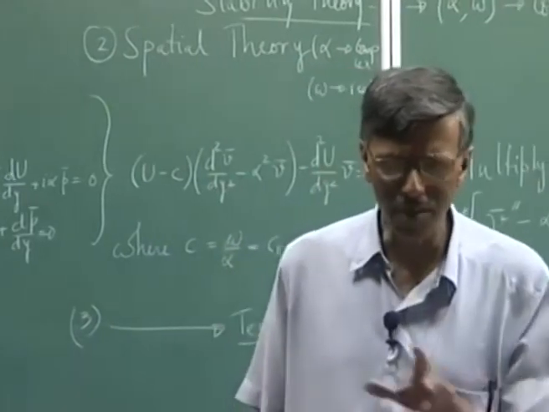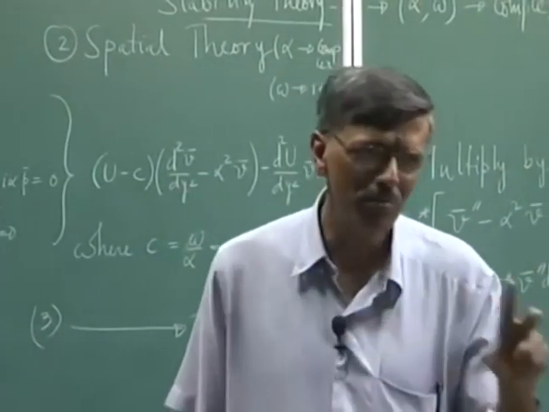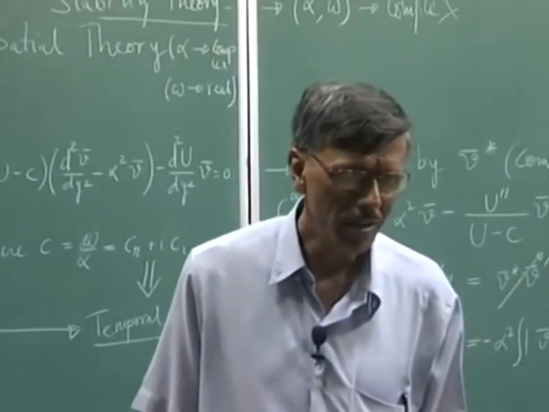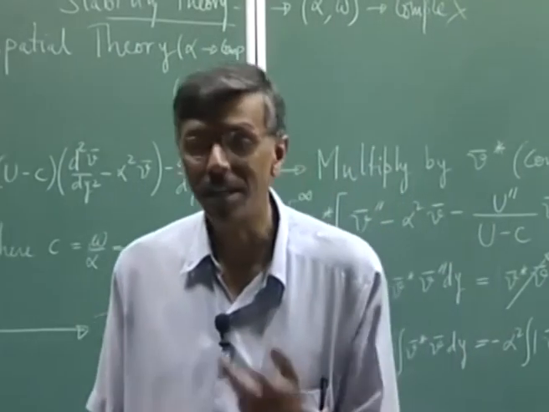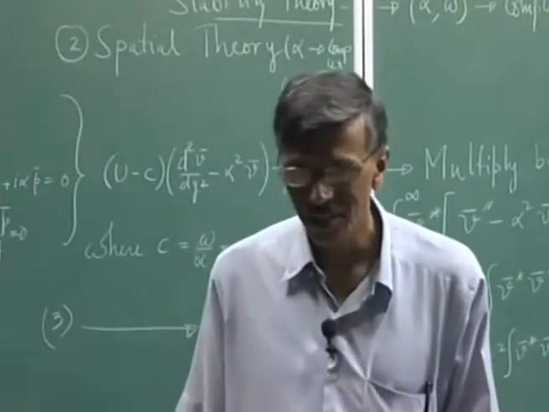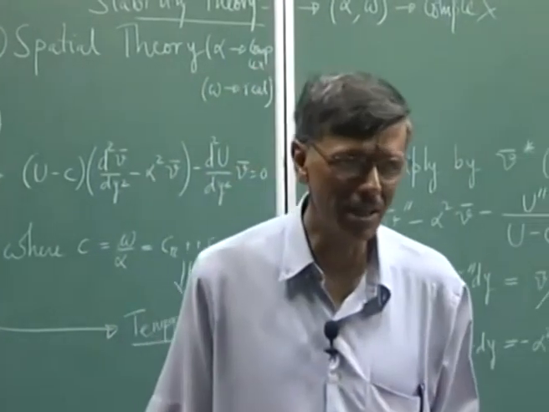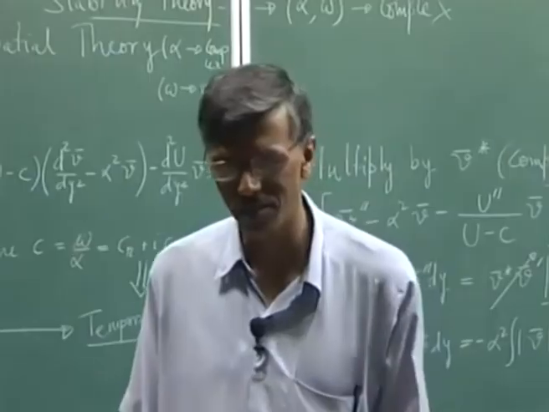A second derivative divided by something gives us an estimate of the curvature, right? So when the second derivative becomes 0, the curvature is 0.